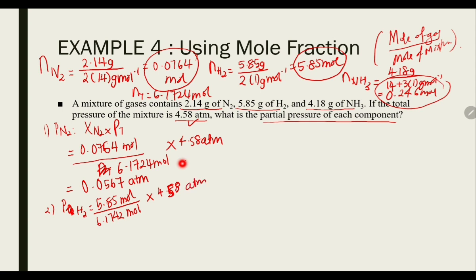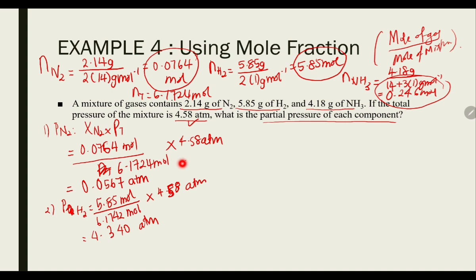Press your calculator again. You will get the partial pressure of hydrogen to be 4.340 atm.